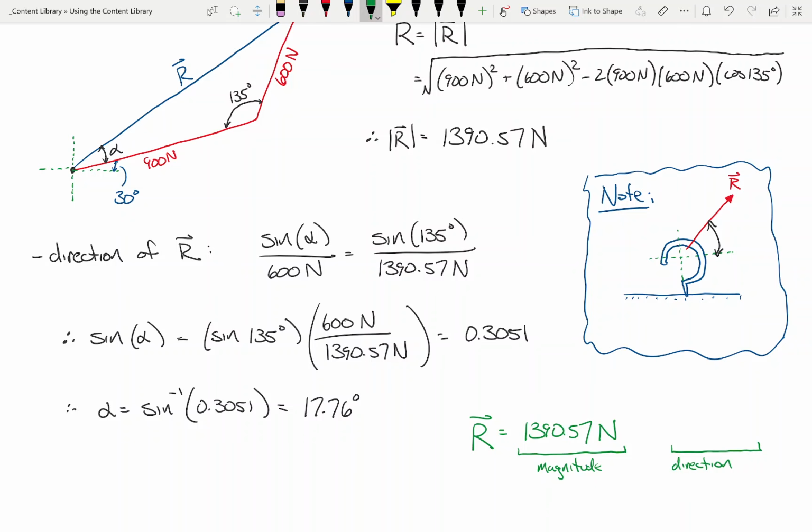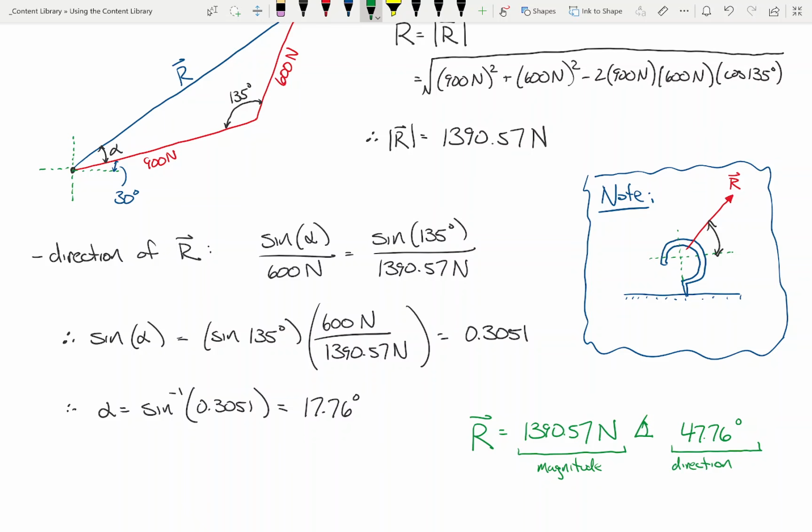So the way that I'll write this is I'll say 47.76 degrees, and I'll write it like that. So I'll say, here's the magnitude and here's the direction. This is the angle, and it's from the horizontal going up. Okay?